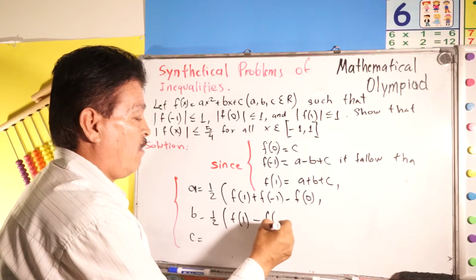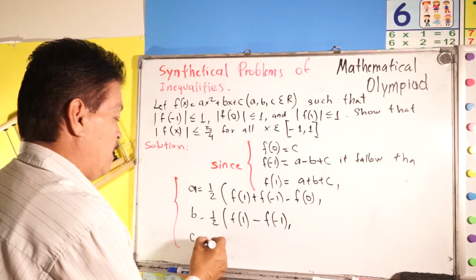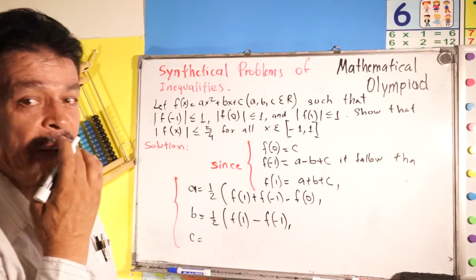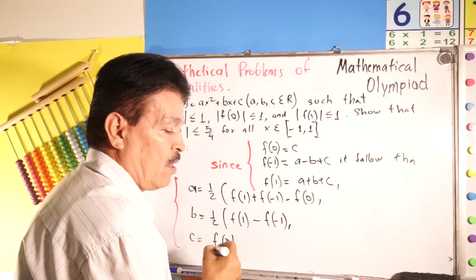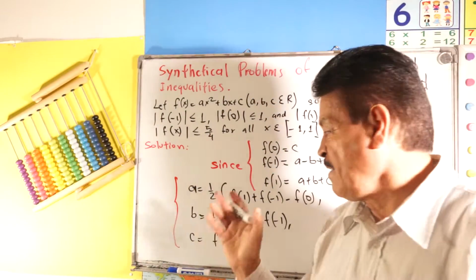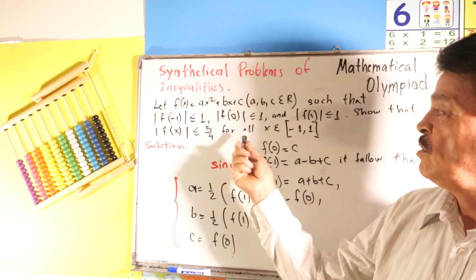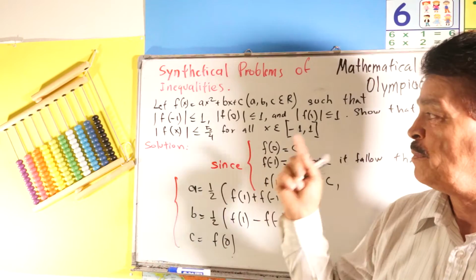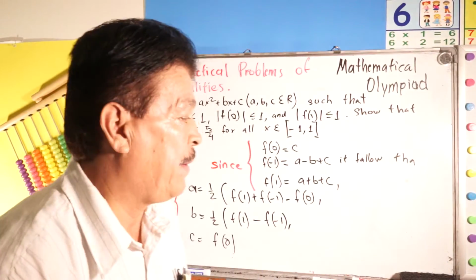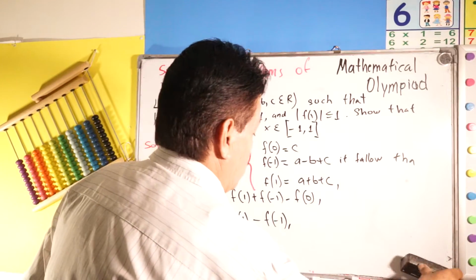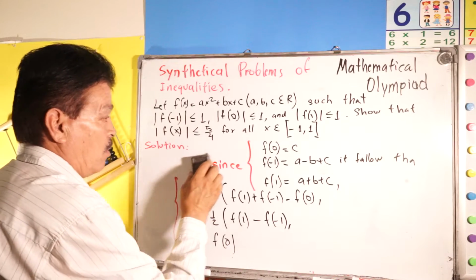And c equals f(0). With all this data we will be able to solve our problem. We need to start with strong ideas, so keep this data in your mind. This is the base to find the answer in our problem.